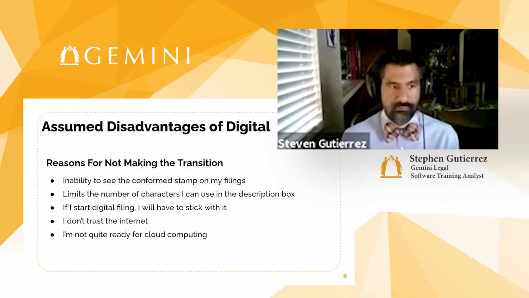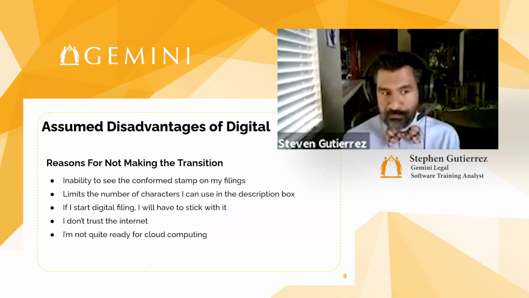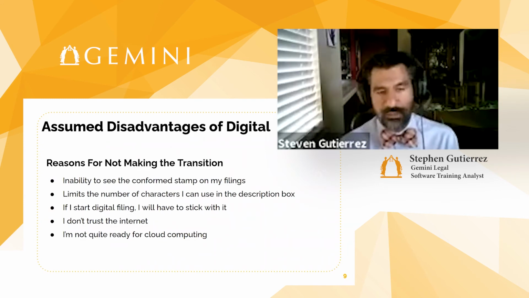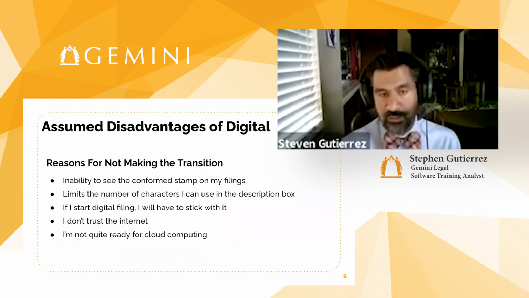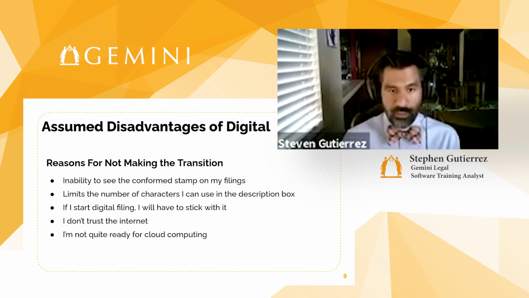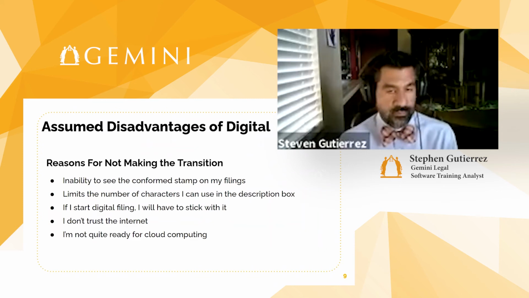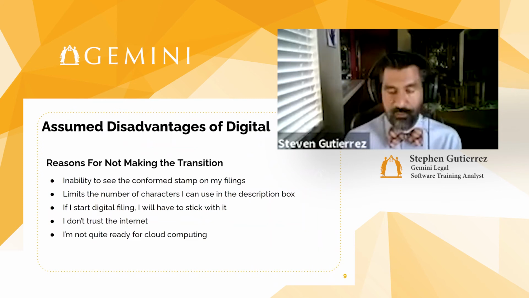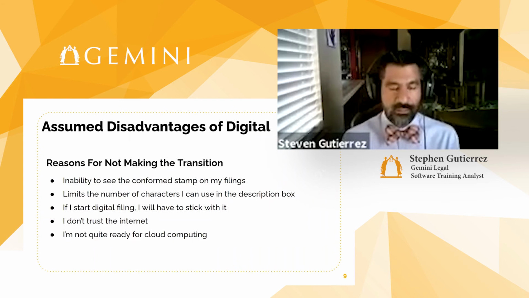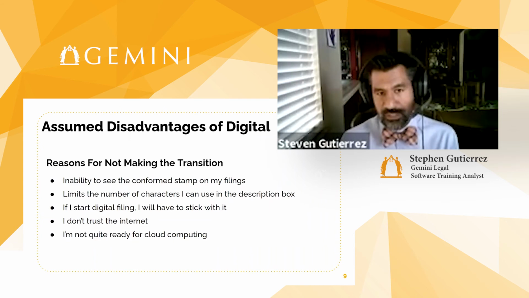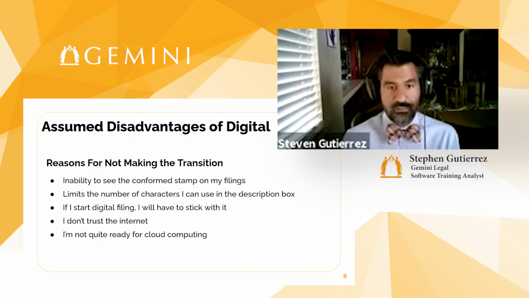Here are some of those. It has been stated before that the conform stamp of your filing that you would normally get on your hand file when you walk it into the board, there's no stamp there. That's a concern for people. But it is agreed upon that the batch ID and the transaction ID of digital filings serves as proof of filing.